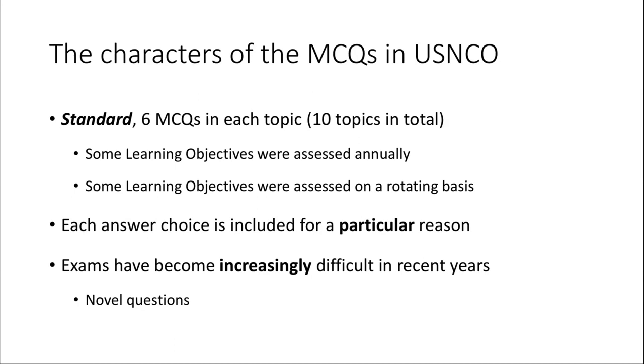And also, you probably realize for each answer choice, A, B, C, D, there's only one correct answer, but all of the other 3 are there for a particular reason. And typically, it will be the result of a specific mistake you might make, right? So that means they do not randomly make up wrong answer choices.